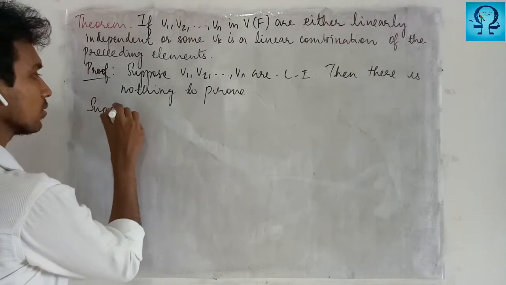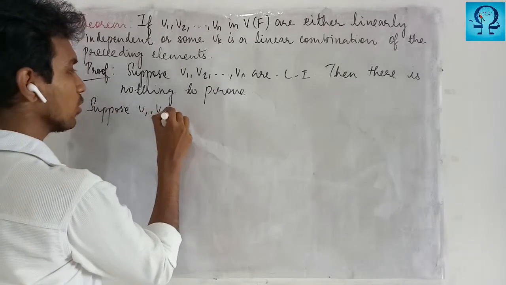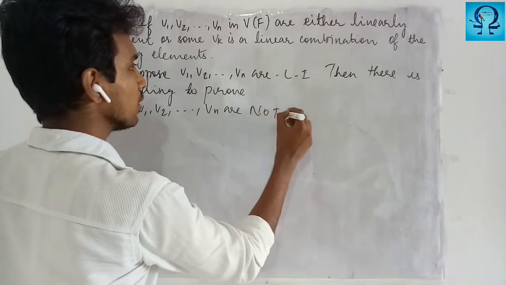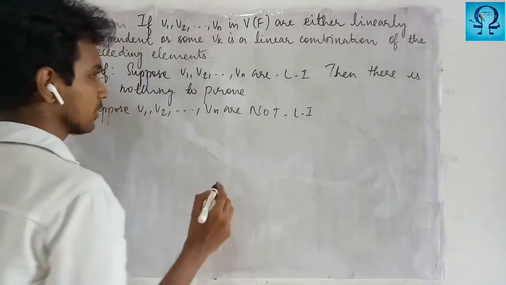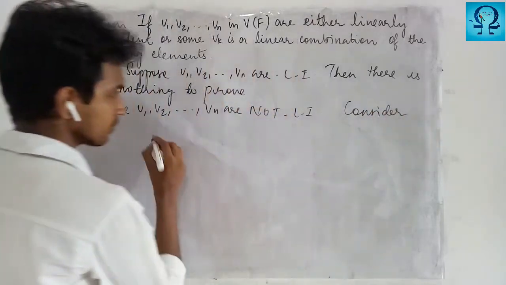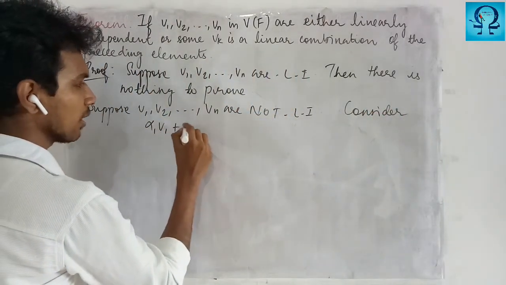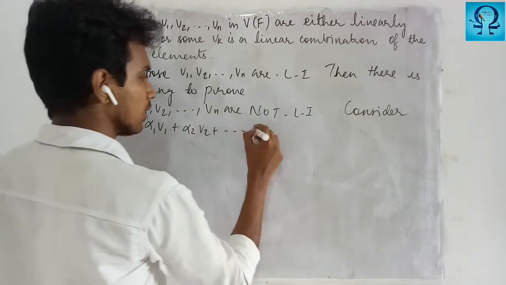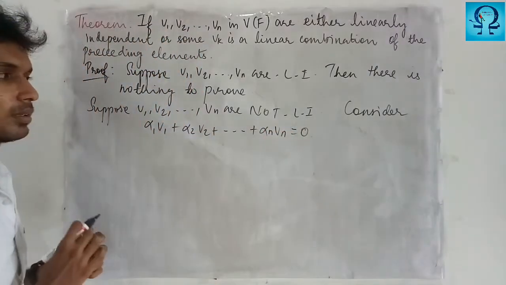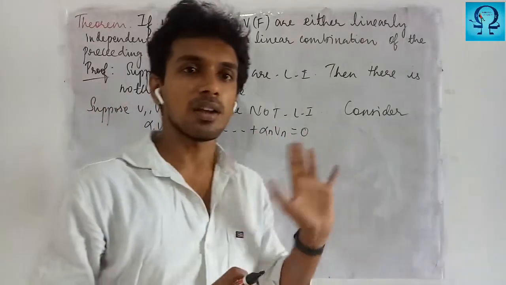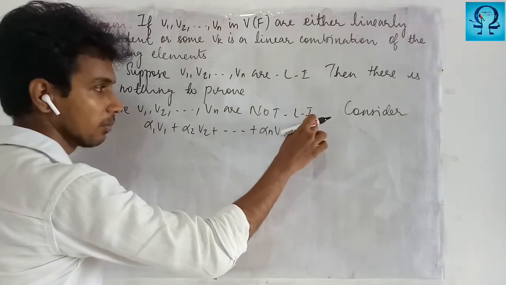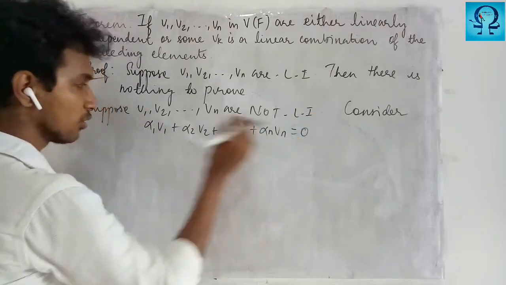Suppose v1, v2, etc. vn are not linearly independent, and consider alpha 1 v1 plus alpha 2 v2 till alpha n vn is 0. Here what is going to happen? Not all alpha i's are 0, right? Since they are assumed to be not linearly independent, this is true.